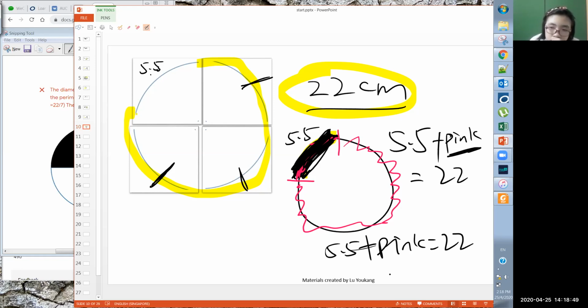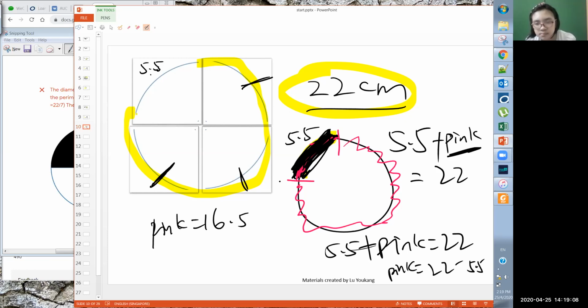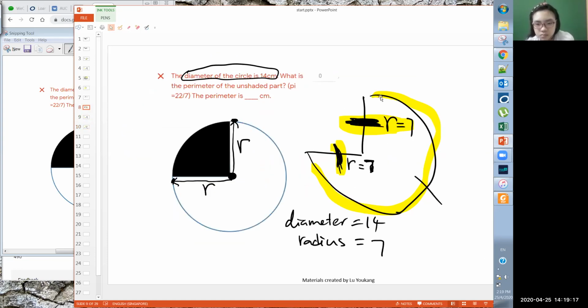Minus. Pink is 22 minus 5.5. Very good. So calculator. 16.5. So the pink is 16.5. That means the yellow color here is also 16.5, and the yellow color here is also 16.5.